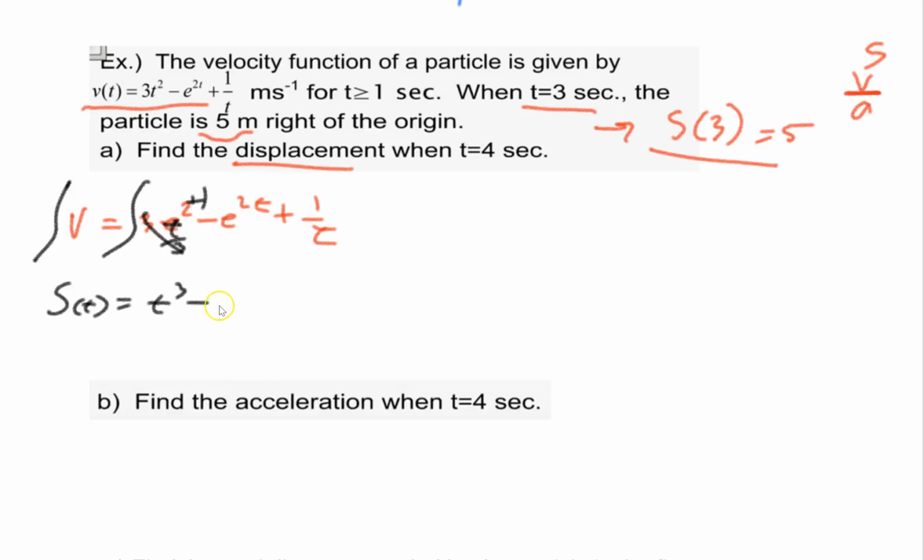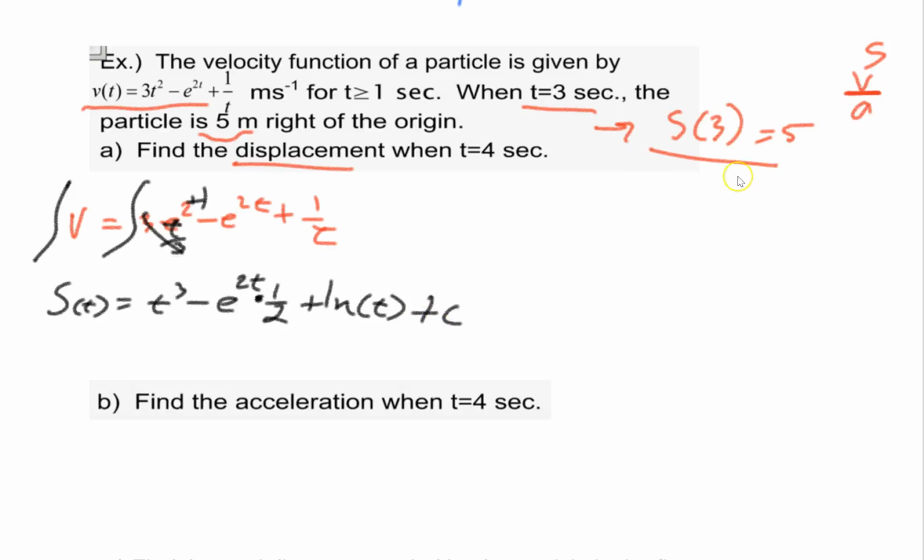The way you integrate that is you copy it, then divide by the derivative of the inside. Integration, reverse chain rule. And the integral of 1/t, looking at the formula sheet, is natural log of t. And then since we're integrating, there's a plus c.